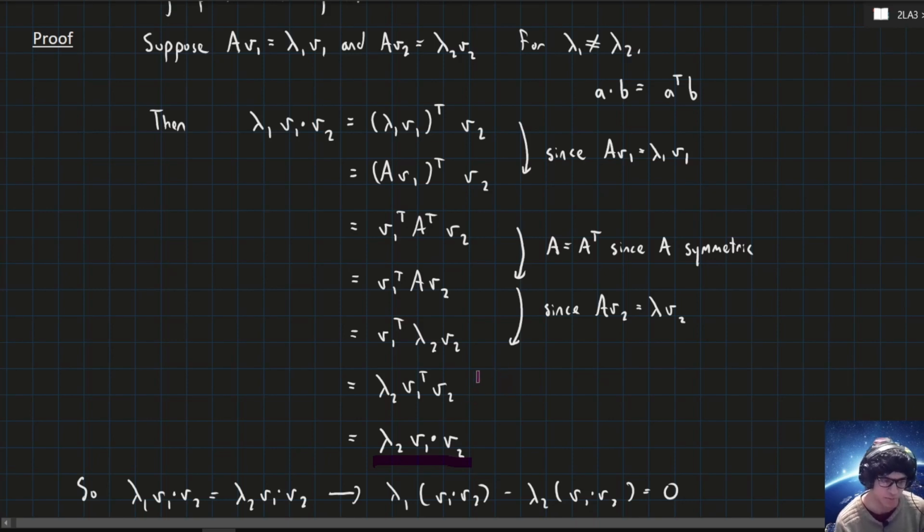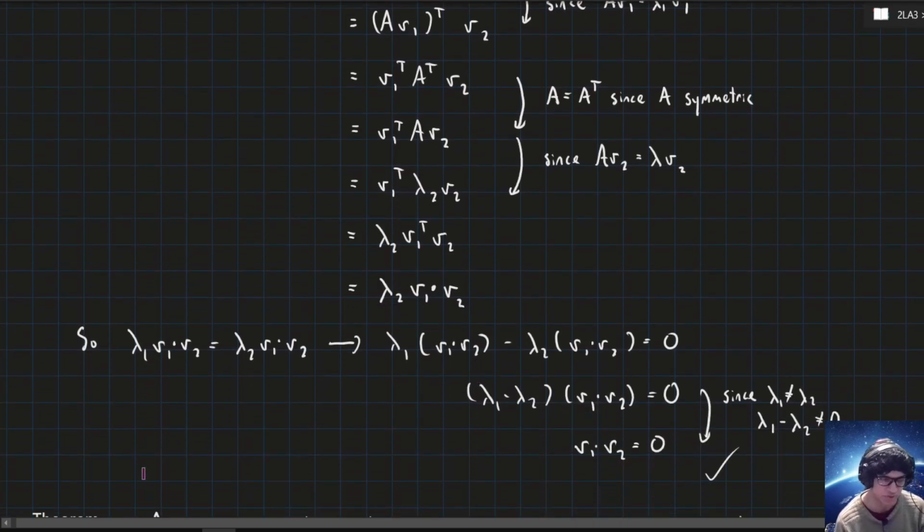So what does that show? This is what we just showed. Now, if I rearrange this, just subtract this part from both sides, I get this expression. Then I factor out the V1 dot V2 that's common to both of them, and I get this expression. Now I have lambda 1 minus lambda 2.